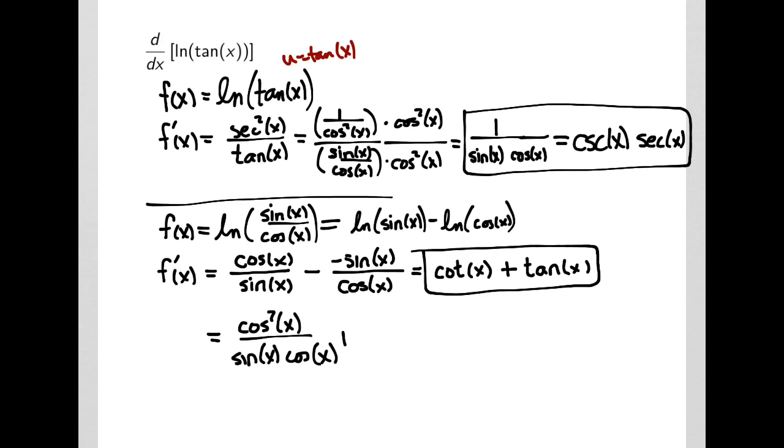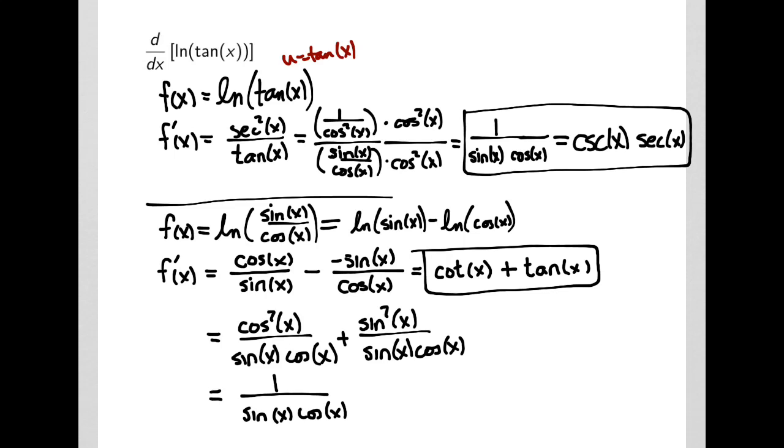In the second term, I need to multiply top and bottom by sine. So I get sine squared of x over sine x cosine of x. When I add the numerators, cosine squared plus sine squared, that's a trig identity. The Pythagorean identity says that's 1. I get 1 over sine of x cosine of x. So in fact, our two answers are actually the same. They're just different ways of writing it.